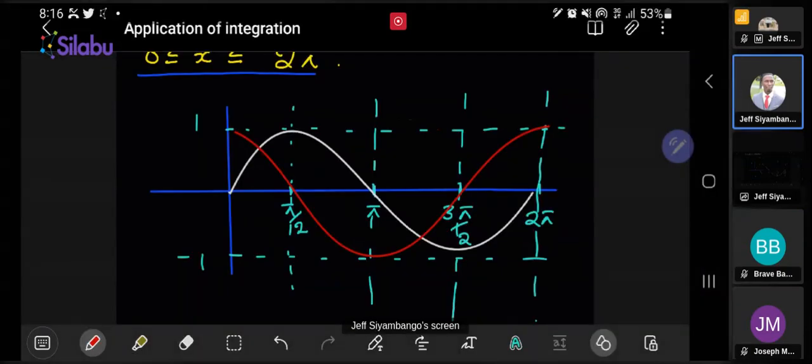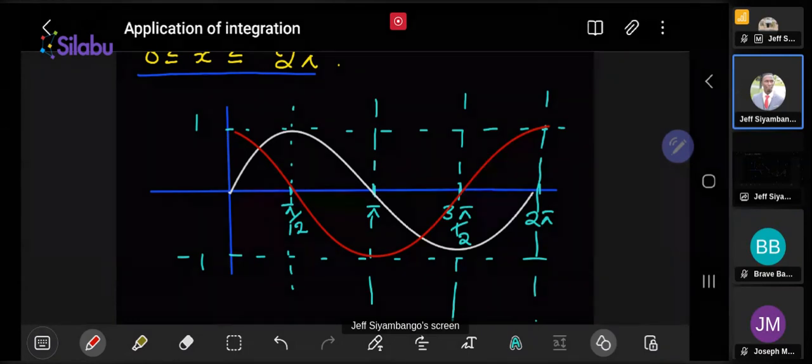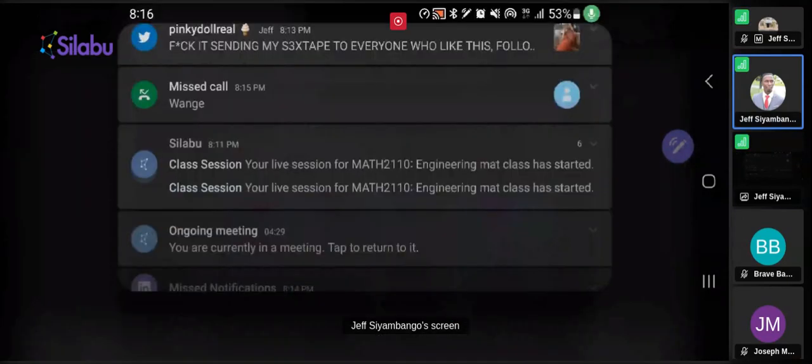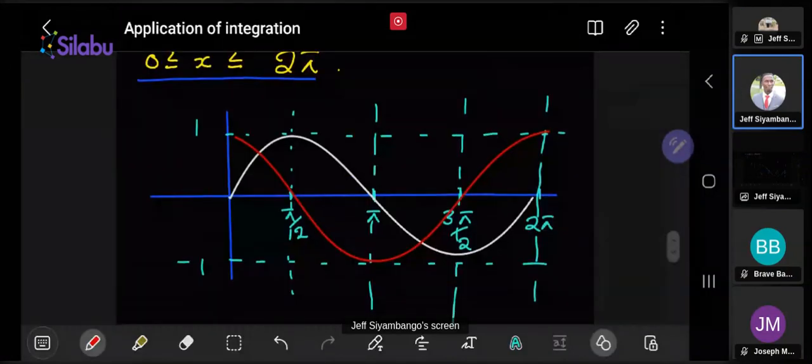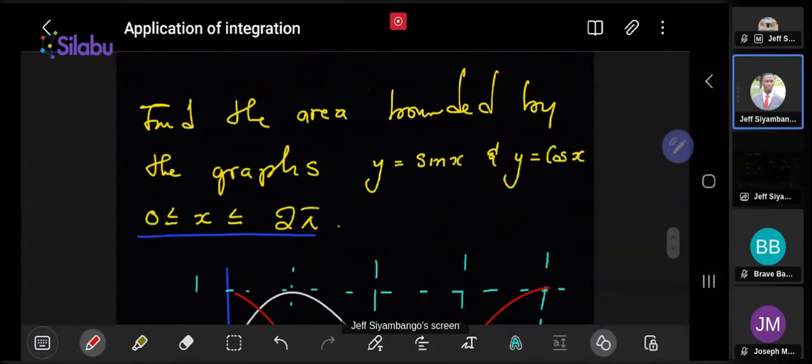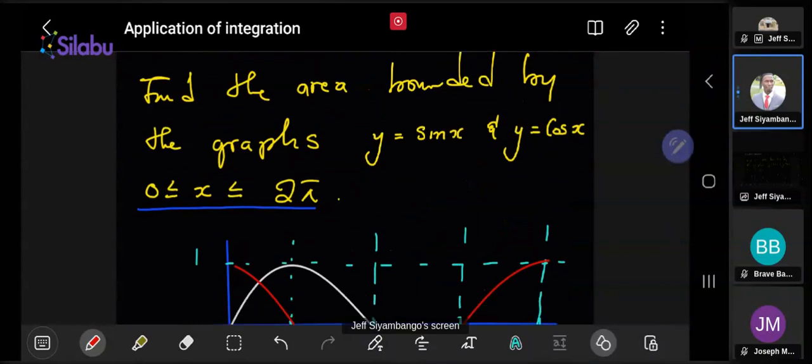In the question, we're being asked for the area bounded. What does this really mean?